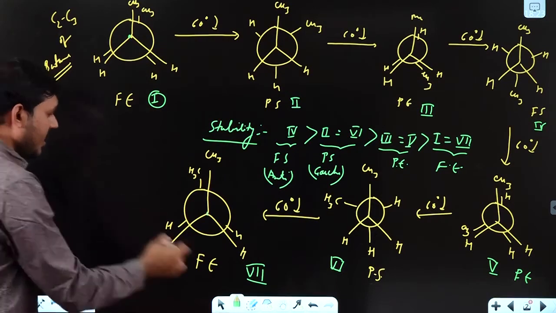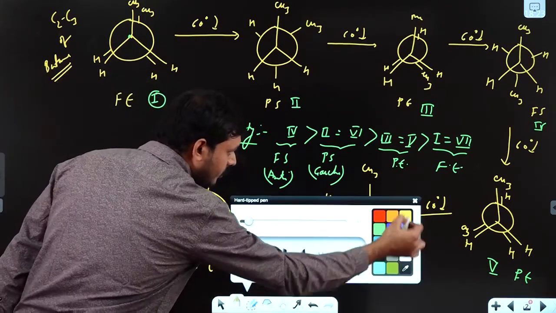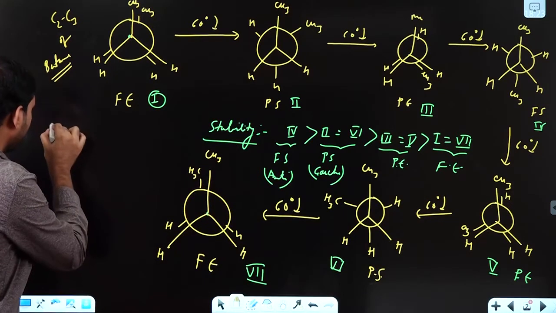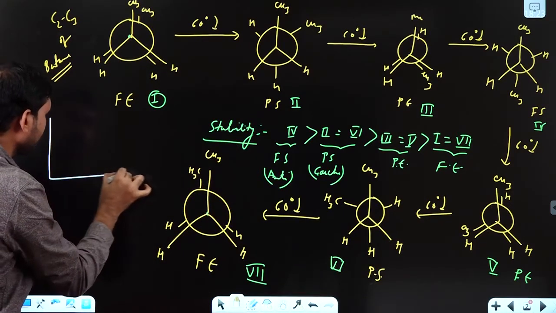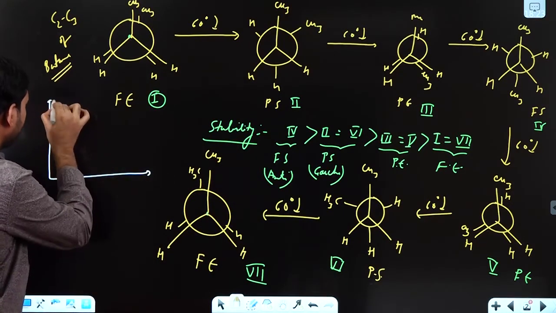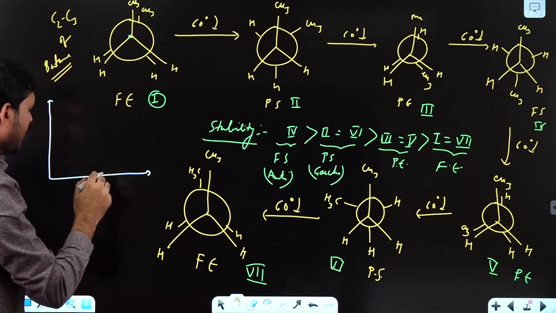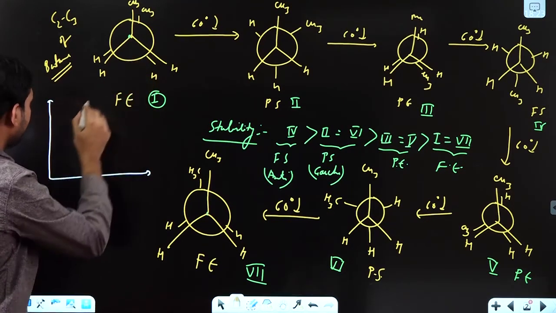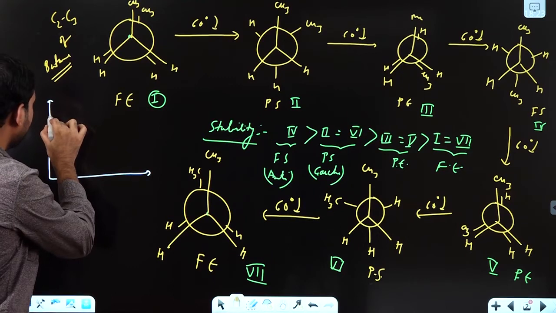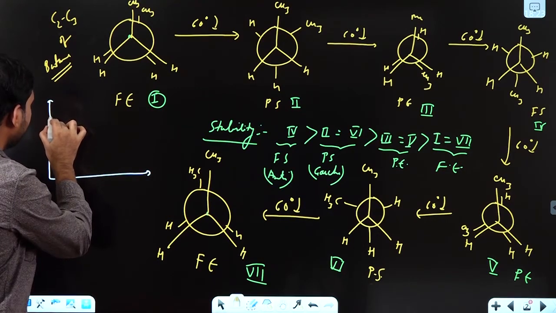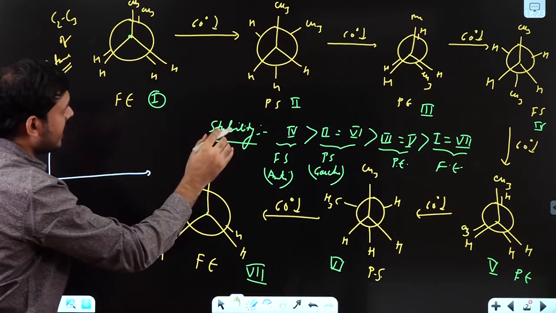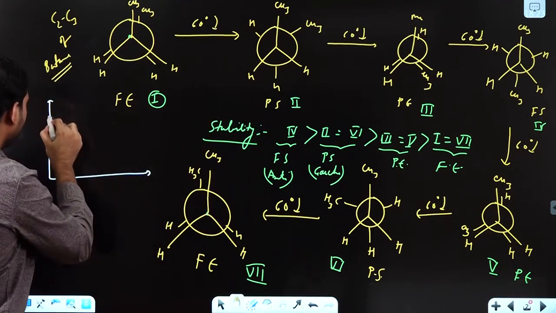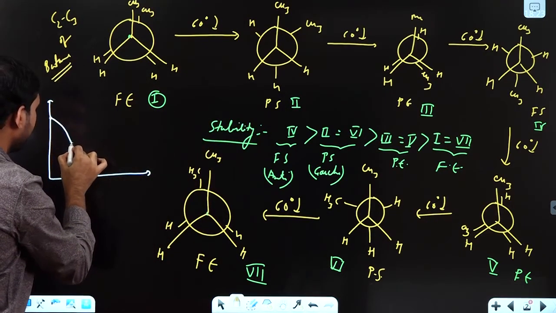So I'm just drawing it here, a little smaller. Suppose the first one has potential energy this much. Starting from here, it will first make partially staggered. So this is your partially staggered form.